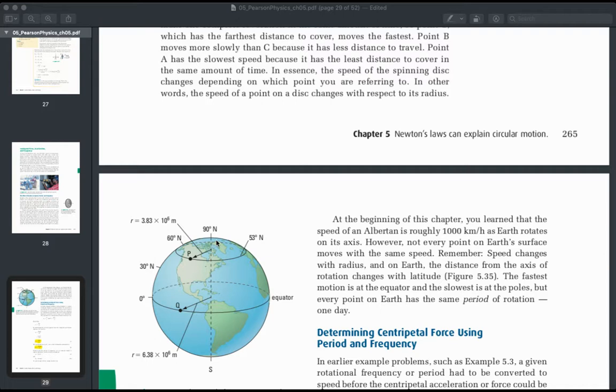And so as you get closer and closer to the axis at which the Earth spins, you're going to have a slower speed, which is part of the reason why at the equator, some of your gravitational forces are used up keeping you on the Earth. And so in a way, you're feeling lighter at the equator.